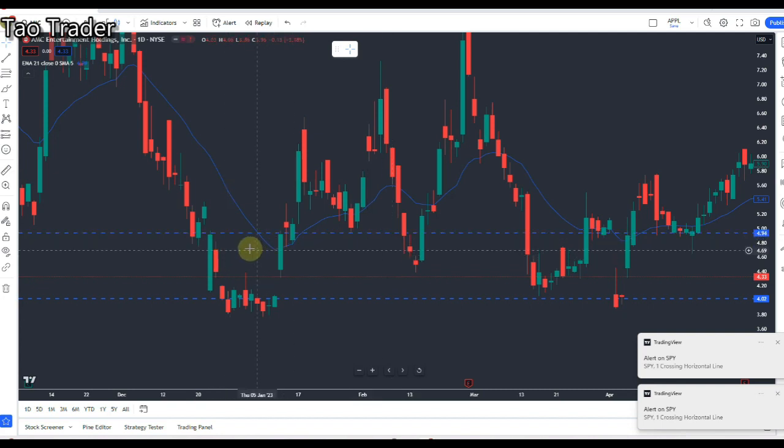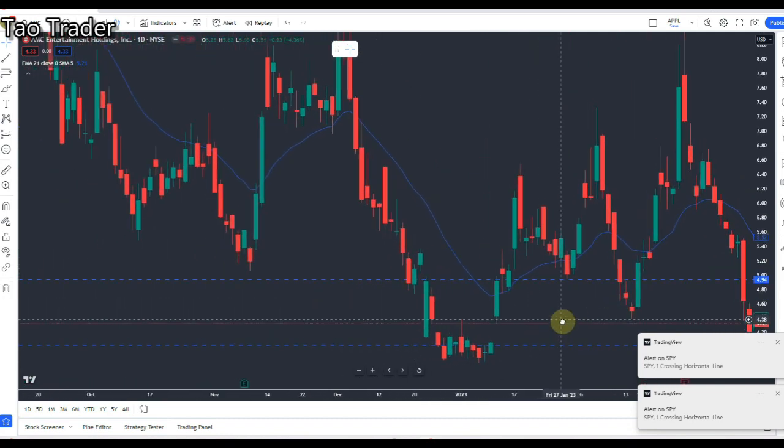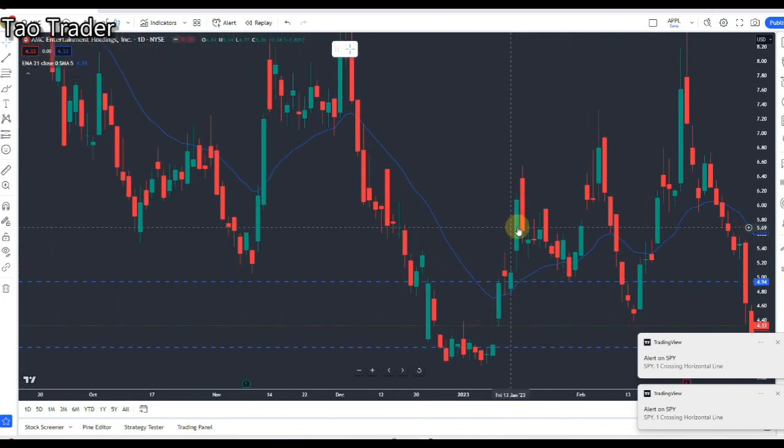You can see this green candle, all these closed right here, several closes over here. Here's a good one right here. We got candles closing above it and below it. Perfect.